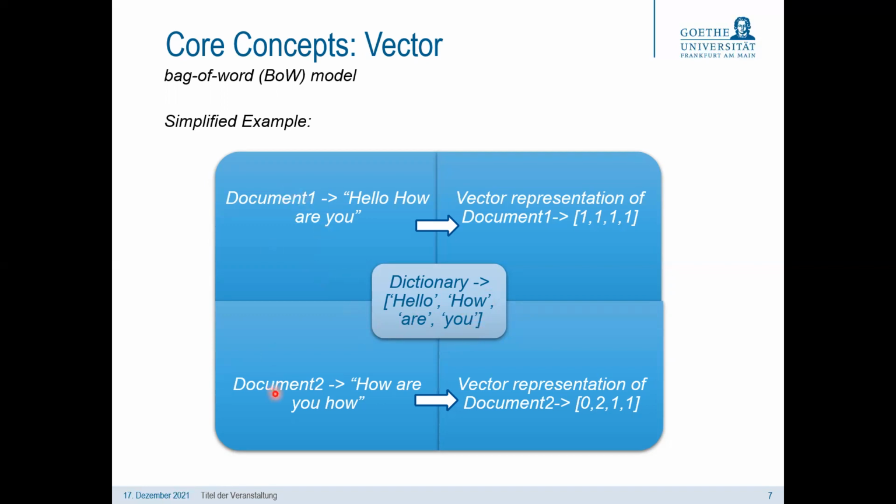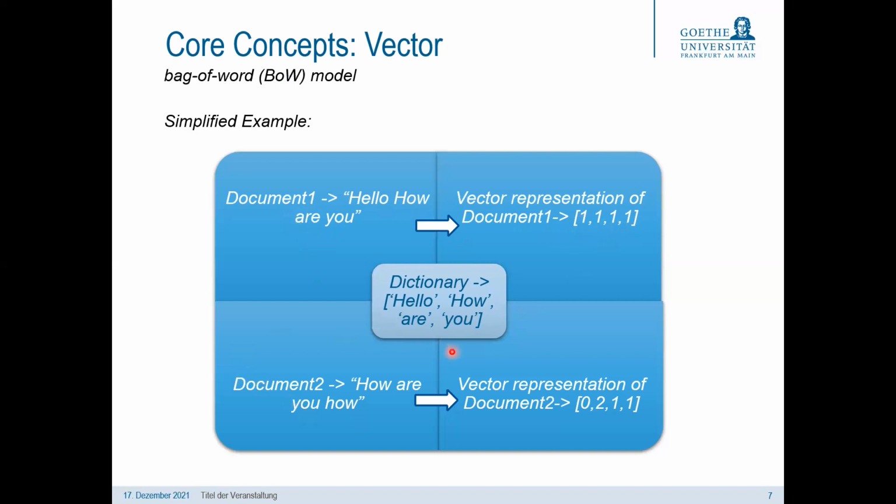As you can see, we have 2 documents to see the difference and understand how it works. Document 1 is the same as the example of the core concept of the document: hello, how are you? Because each word exists in this example and is used only one time, the vector contains 1, 1, 1, 1.